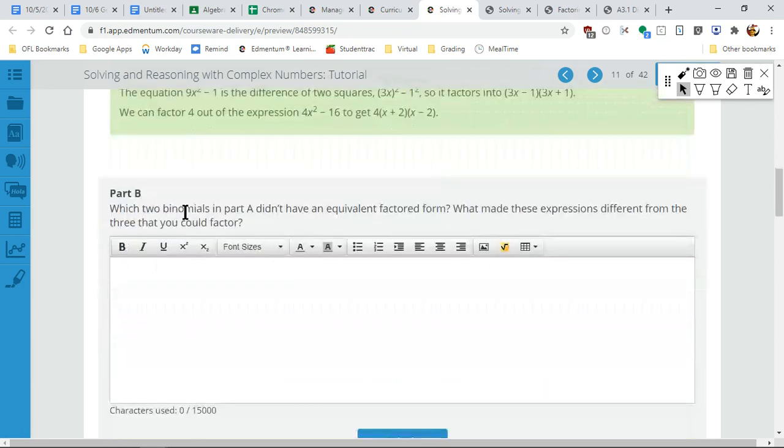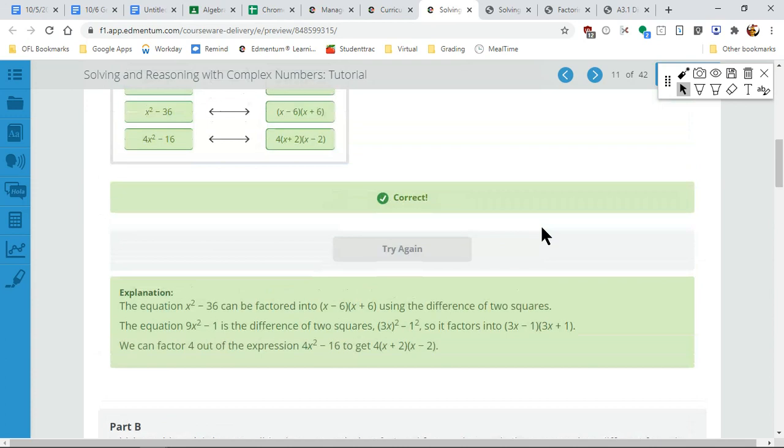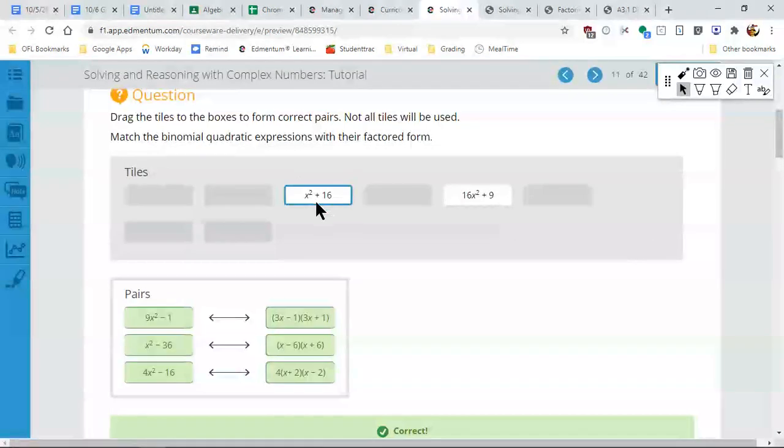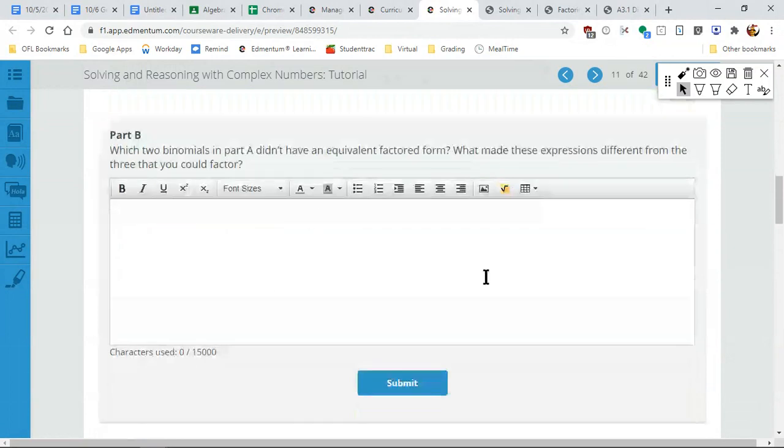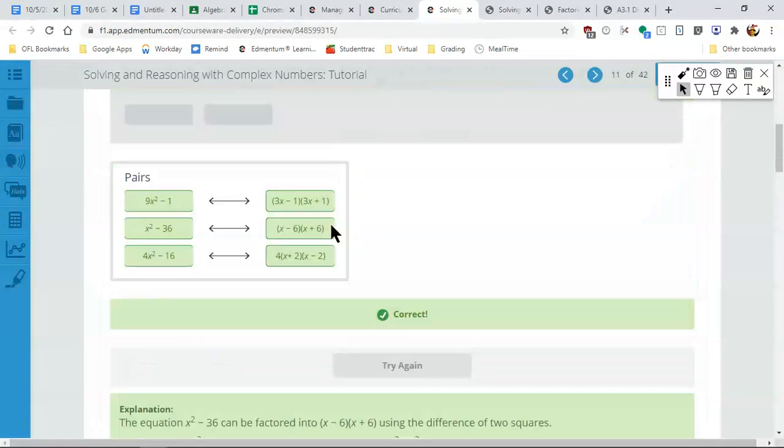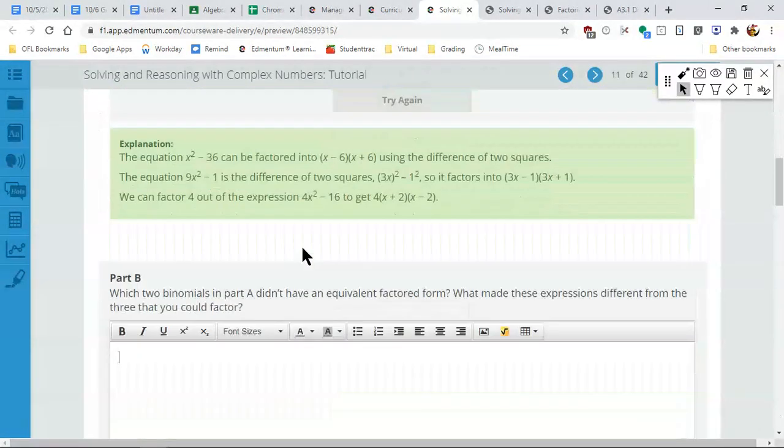All right, so which two binomials in part A haven't we squared? The two binomials that we have are these sums of squares, and we're going to see how we can cancel these out. I had the feeling that's where this was going.